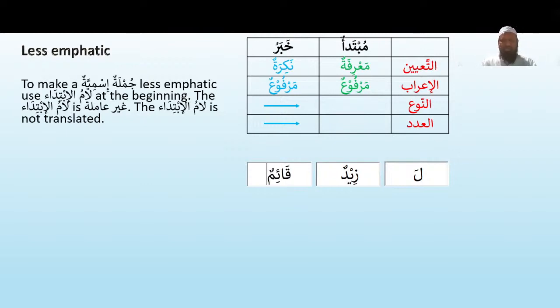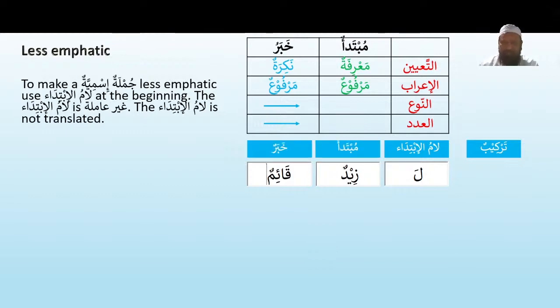La zaydun qa'imun. Now because we need to label when we do tarkib, how do we say tarkib? Label the lam, lamul ibtida'i. Lamul ibtida'i. And zaydun mubtada, qa'imun khabarun. Zayd is standing.